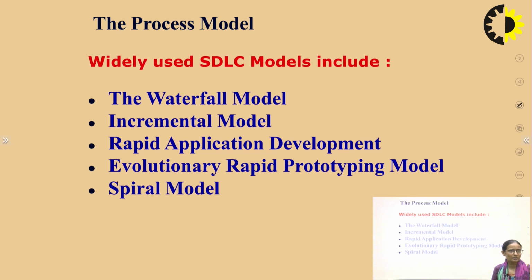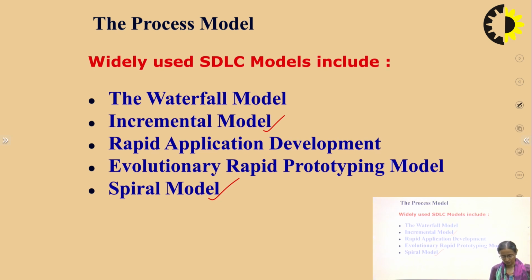So we have SDLC for all these models: the waterfall model, incremental model, then the rapid application development model, the evolutionary rapid prototype model, and then the spiral model. The two models which we are going to discuss in this lecture are the incremental model and the spiral model.